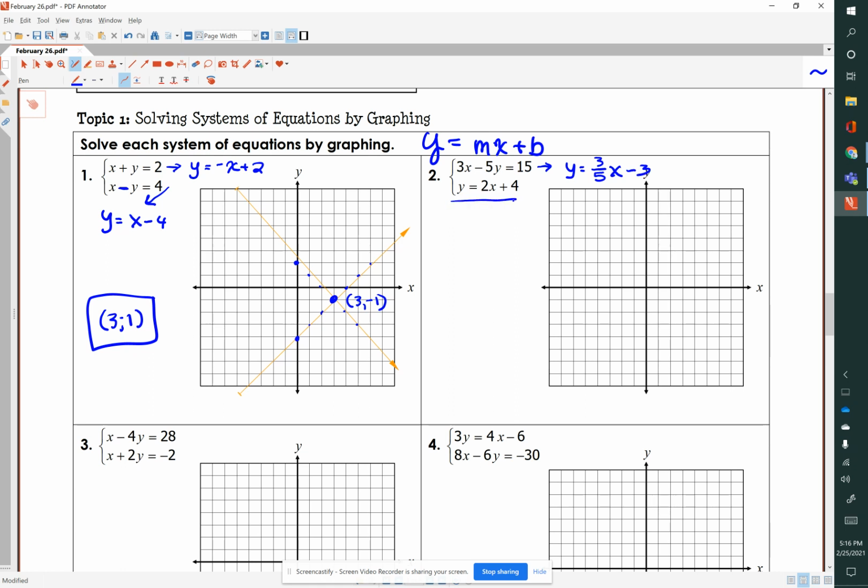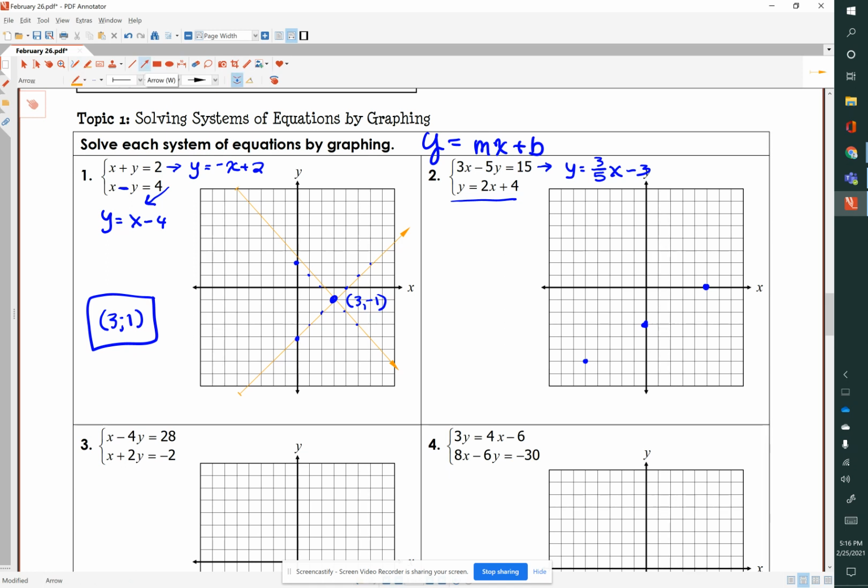So let's start with our first equation. We have a y-intercept of negative 3 and a slope of 3 over 5. It's a positive slope. So 1, 2, 3 over 5. And let's see if we can get another point in here. We go down 3 and over 5.